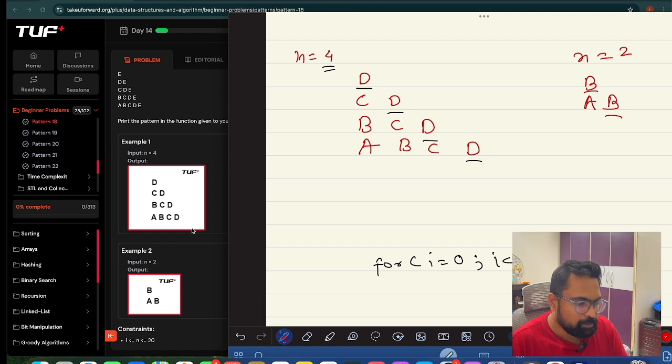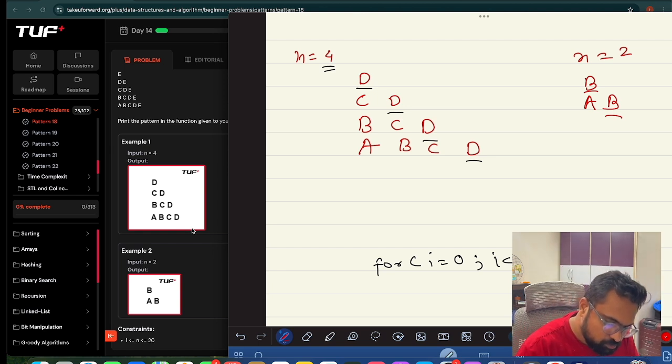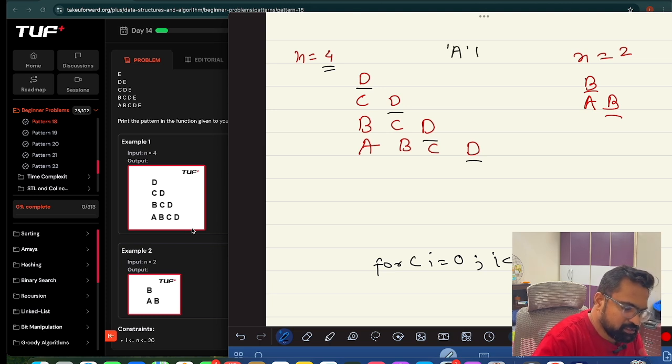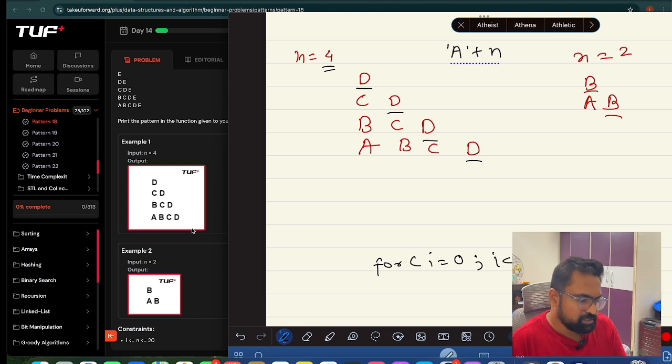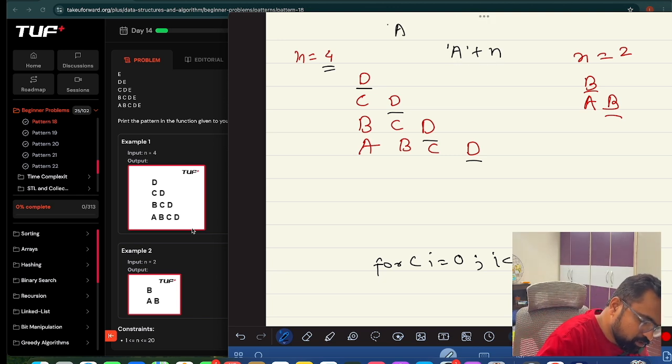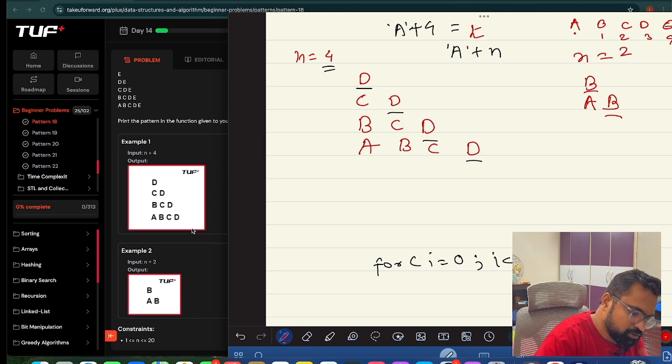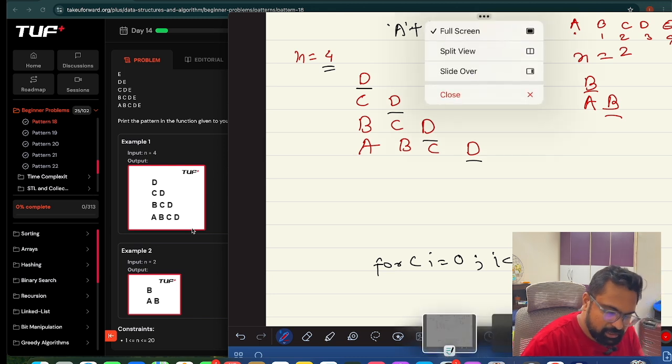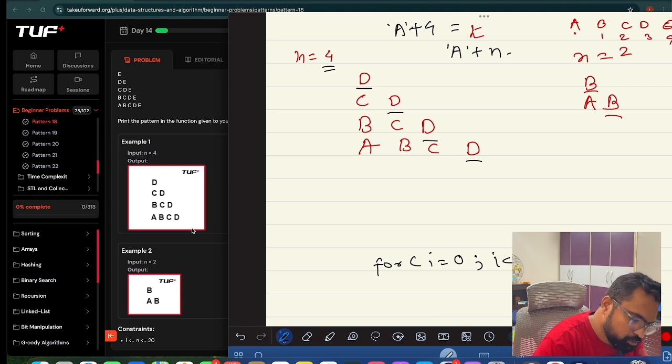Let's see. We want to identify it. Let's say if I do A plus n, in this case A plus n is A plus 4, which is what? A, B, C, D, and E. A is here, 1, 2, 3, 4, so it is E. It is not my D. To achieve D we have to do minus 1.